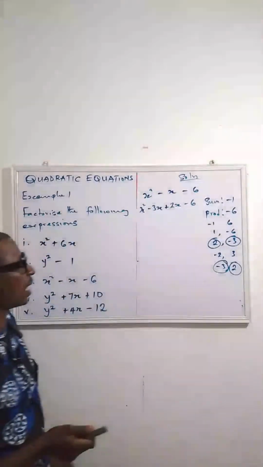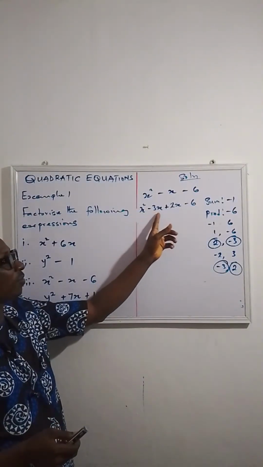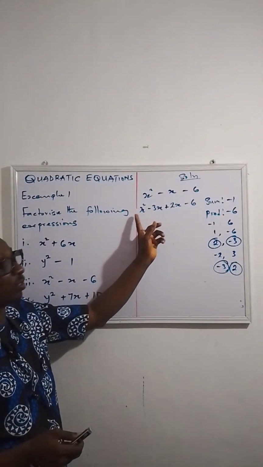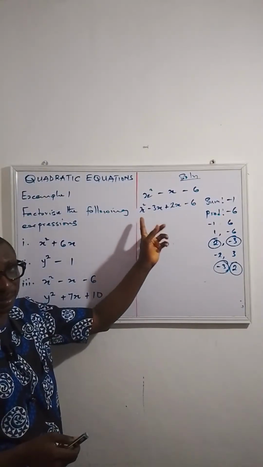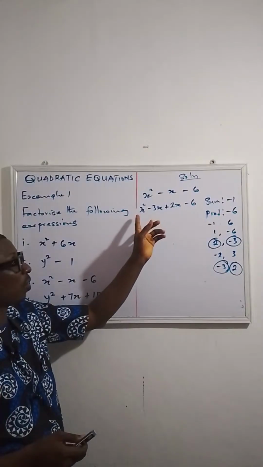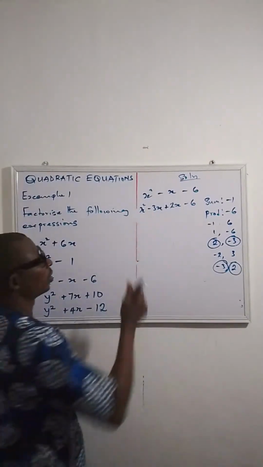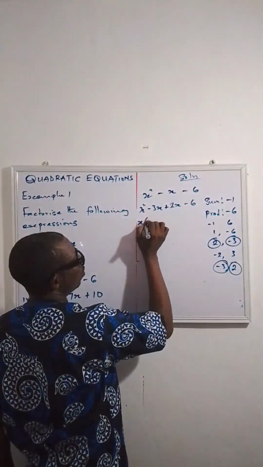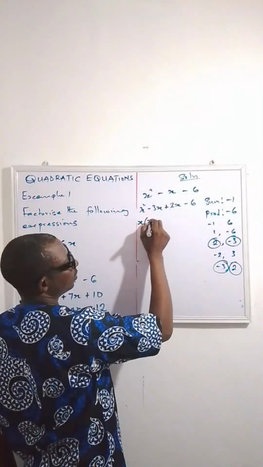All right, after doing that, we pick the first pair. What is the common factor? Once I'm asking for the common factor, I'm asking for the GCD, that is the greatest common divisor. What is the greatest common divisor here? That's x. So I bring out x, I open a bracket. When you divide x squared by x, you'll be left with x.